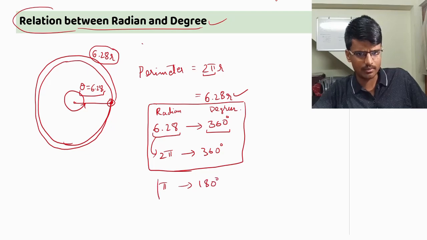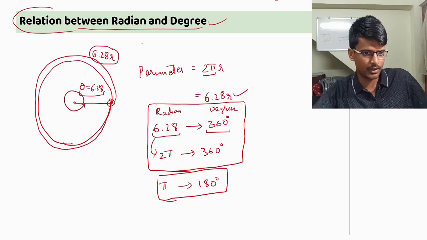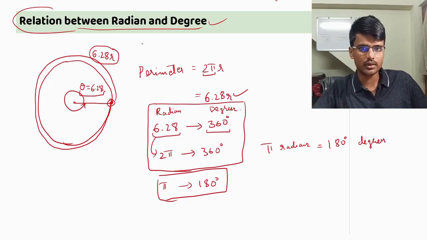This is a very important relation, you need to remember this. Pi radians is equal to 180 degrees. If you know this relation, you can easily convert between the two. So what is 1 radian? Dividing by pi on both sides, we get 180 by pi.